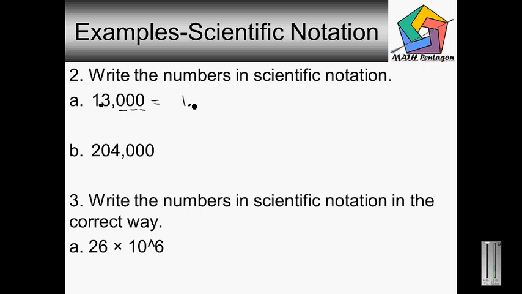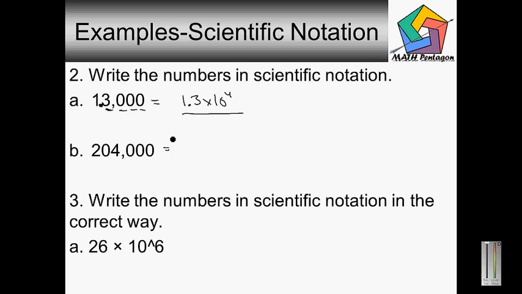So it'd be 1.3 times 10 to the 4th power, because the 3 counts as a place too. So we have 4 spaces to the right of the decimal point. So it'll be 1.3 times 10 to the 4th power. So this is the final answer, and this is in scientific notation.